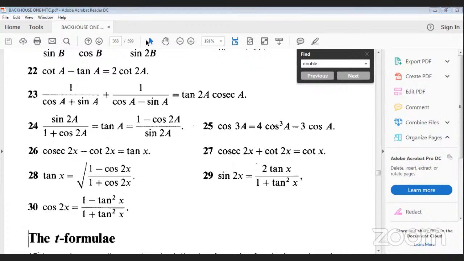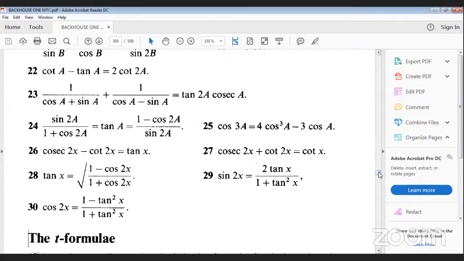Apart from my friend who has not fully studied trigonometry, Karen. Teacher, from where to where? From 22 up to 30. You try out those numbers and calculate.